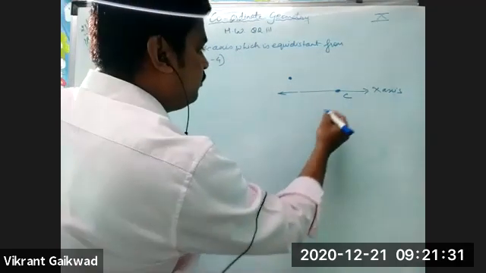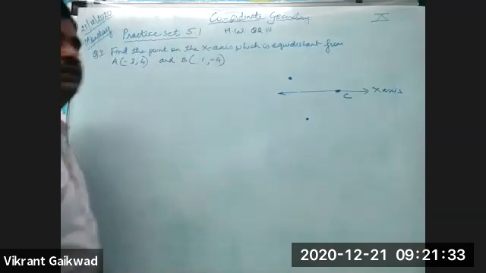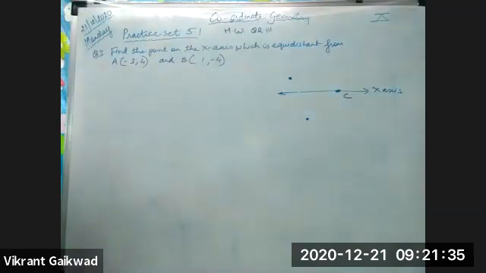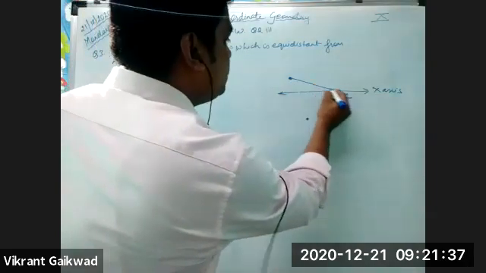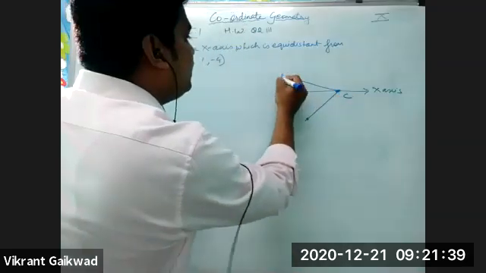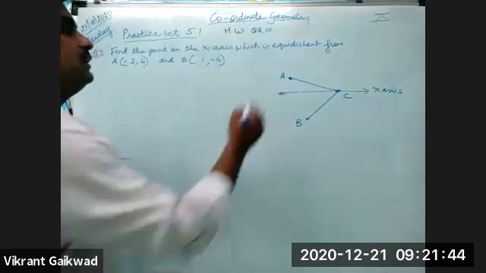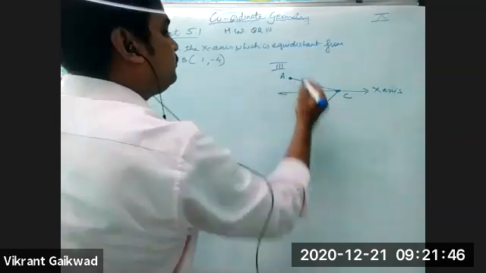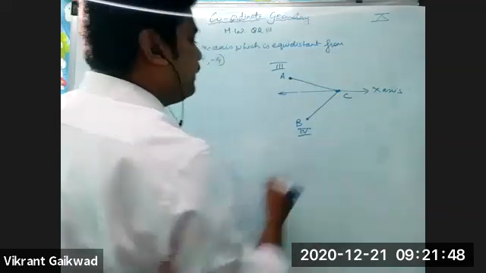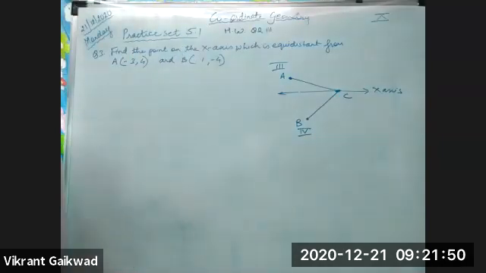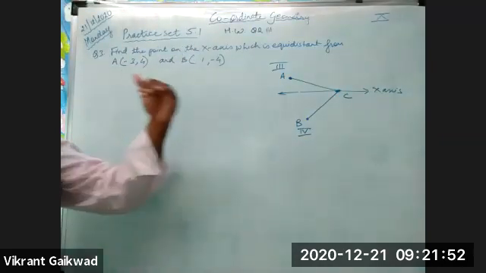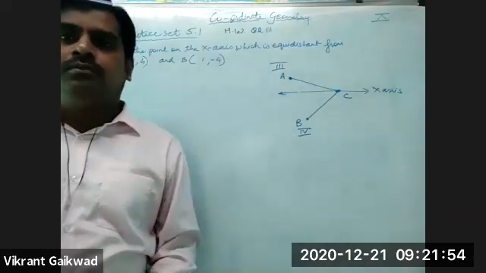Now, which is equidistant? Means they are at an equal distance. So this is in the third quadrant, this is in the fourth quadrant. I don't know where C is, whether it is on the negative x-axis or positive x-axis.